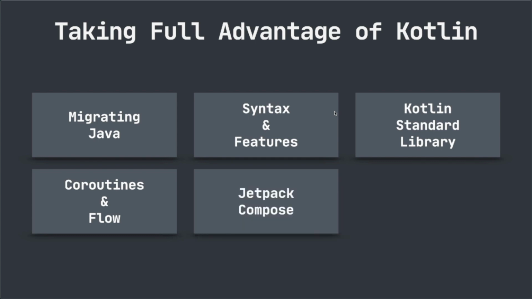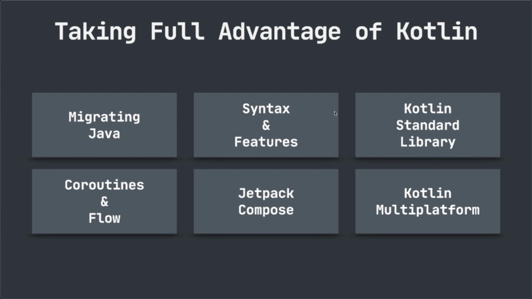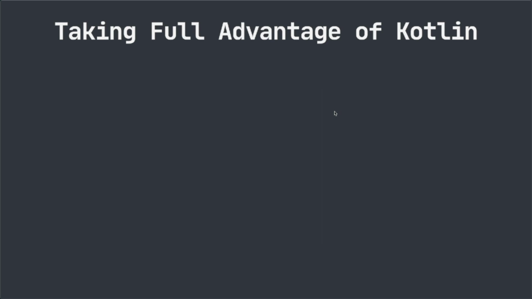Jetpack Compose is super exciting, and there are some great talks scheduled for the conference this week, and I'm excited to check those out. And then things like Kotlin Multiplatform and other advanced topics. There's so much here to focus on that I had a hard time picking a set of those. So instead, we're going to focus this on some different skill levels.